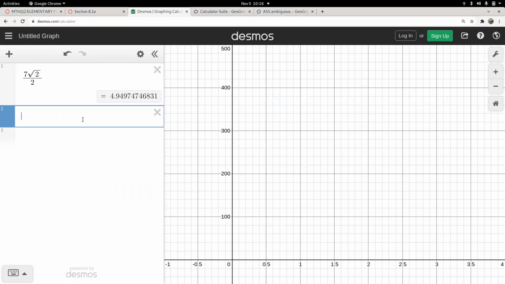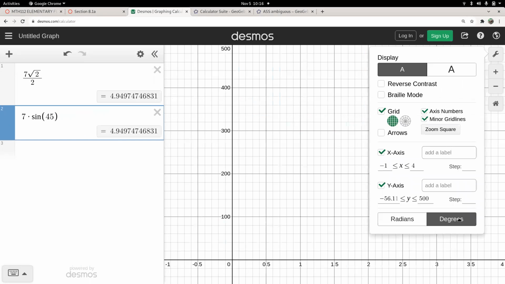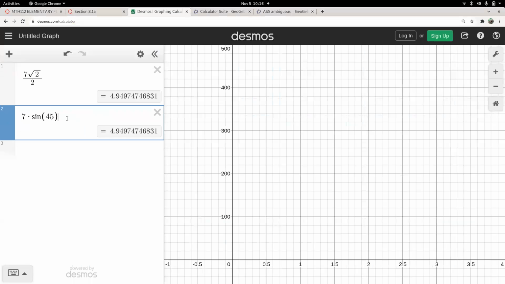All right, so first I'm going to just calculate what that number is. So that was 7 times the sine of 45 degrees. And let's make sure I'm in degree mode. I'm not. And then we want to divide that by 5. And we get 0.9-ish.